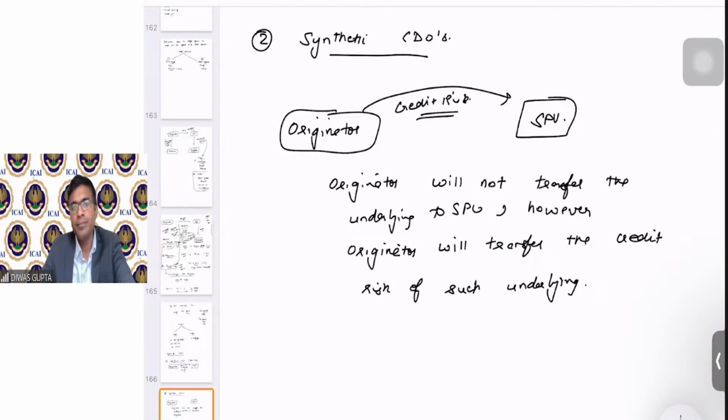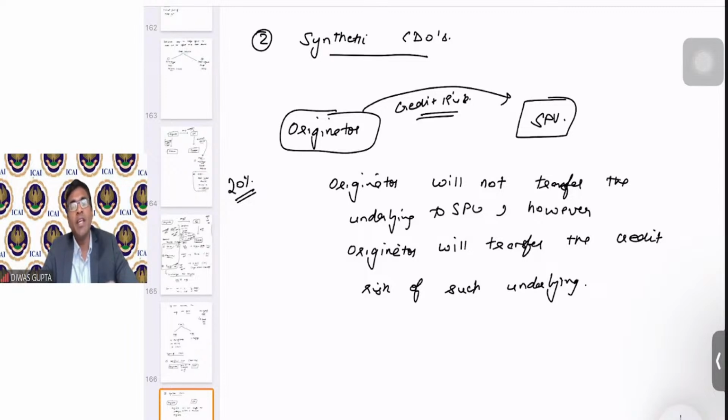Now, how can it transfer a credit risk to an SPV? It will say, hey, look, I have 20% of my overall portfolio which I assume to be a problem portfolio, where there is a risk of default, risk of non-payment.